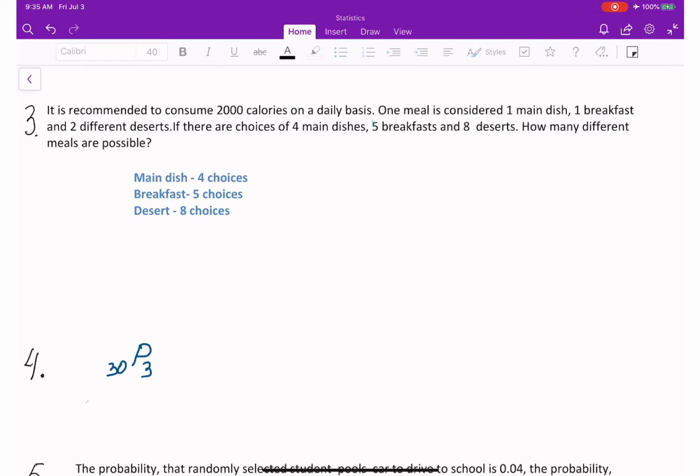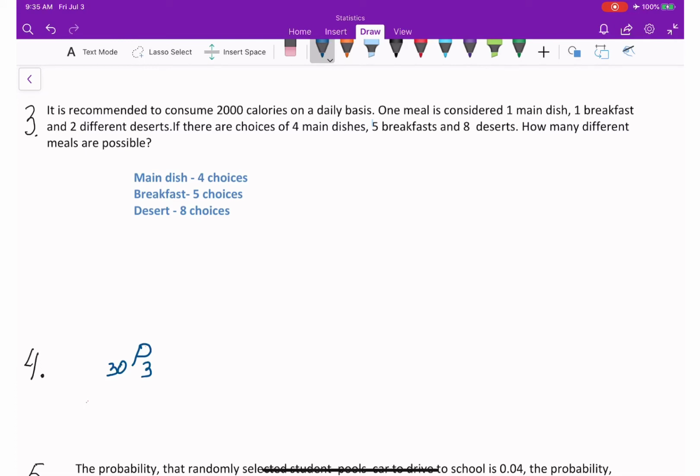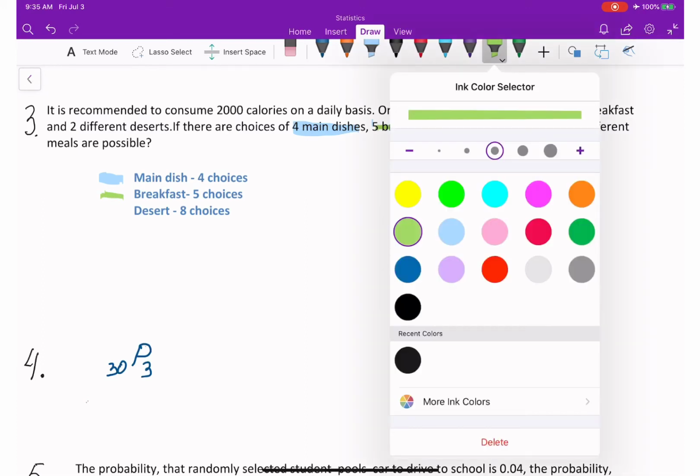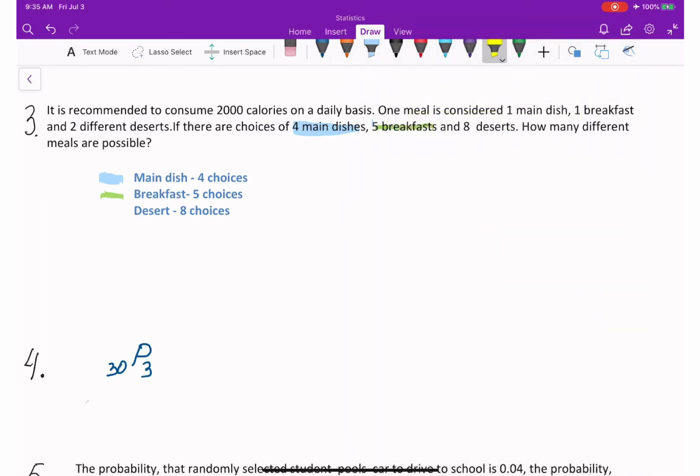So, four main dishes, and then 5 breakfasts, 8 desserts.